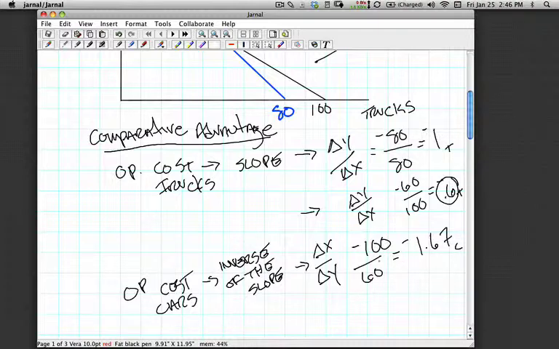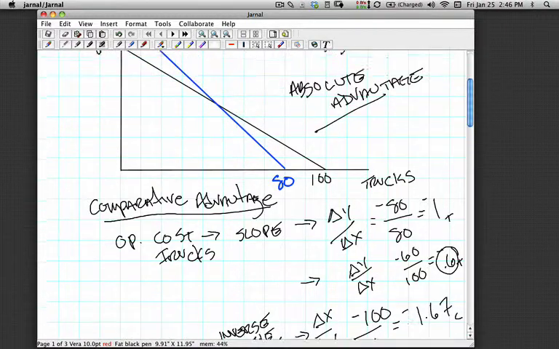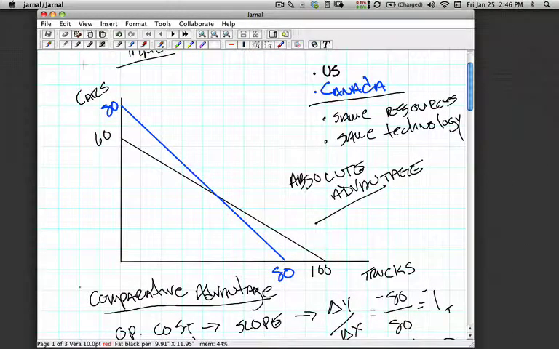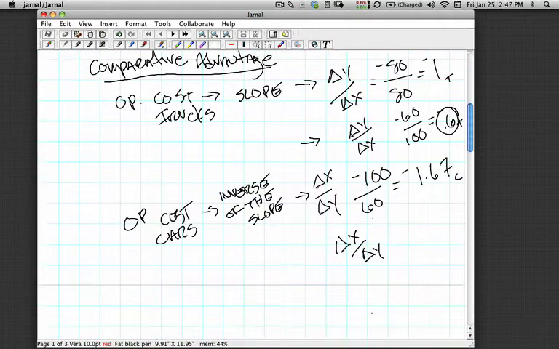If we look at Canada, by the very same token, in order to make the most cars they can, that's going to be 80, in order to make 80 cars, they're going to have to give up 80 trucks. And we can see the inverse of 1, of course, is 1.